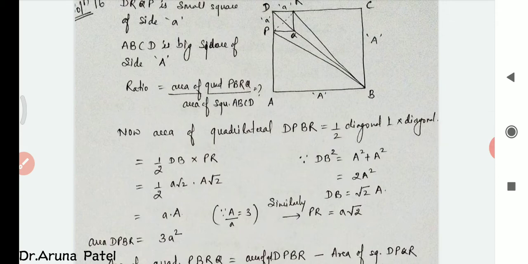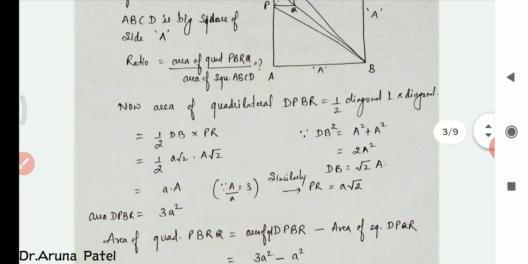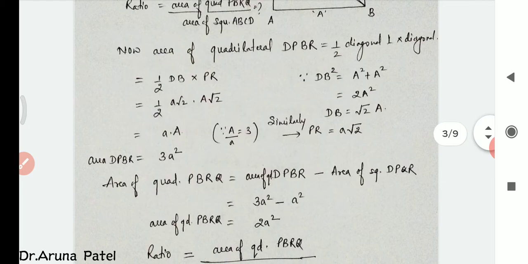Here it is given that small a into A is the area of the whole quadrilateral, and the area of PBRQ equals 3a square minus a square, because capital A upon small a is given as 3. On putting the value of capital A, which equals 3a, you get 3a square. Here 3a square minus the area of the small square is subtracted, so it equals 2a square.